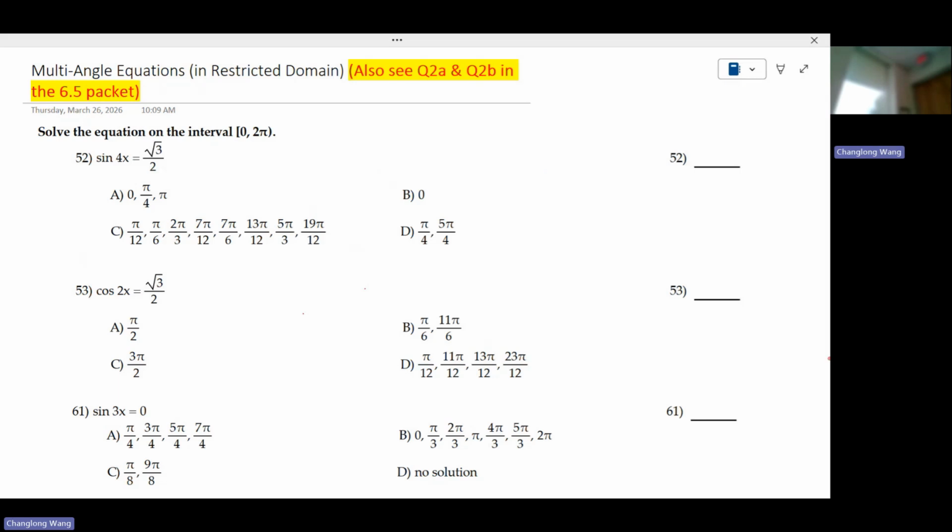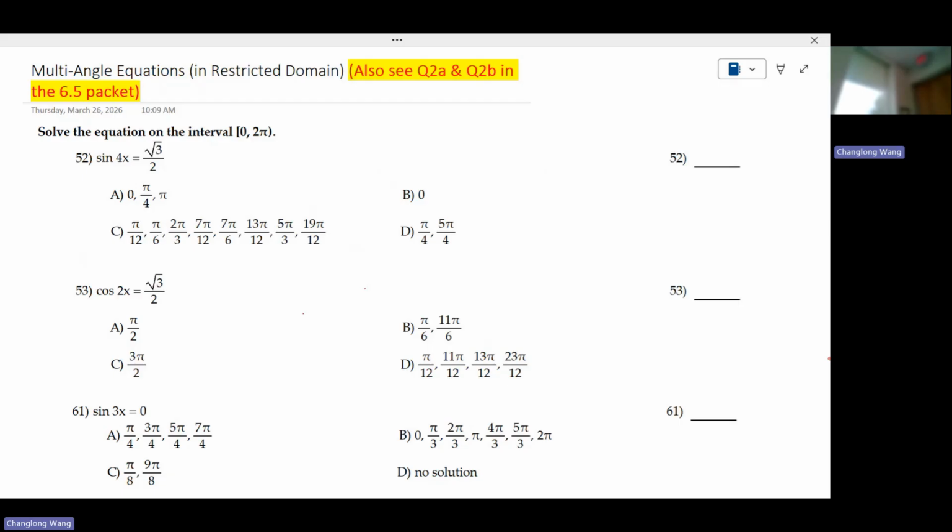So typically 2, why are there 4? Because you're squeezing 2 more. But guess what? Now it's 4 times, you're squeezing 4 more. Yeah, 53 is indeed D.